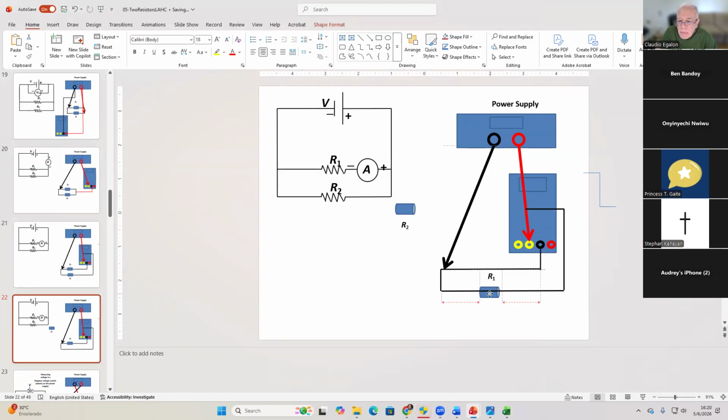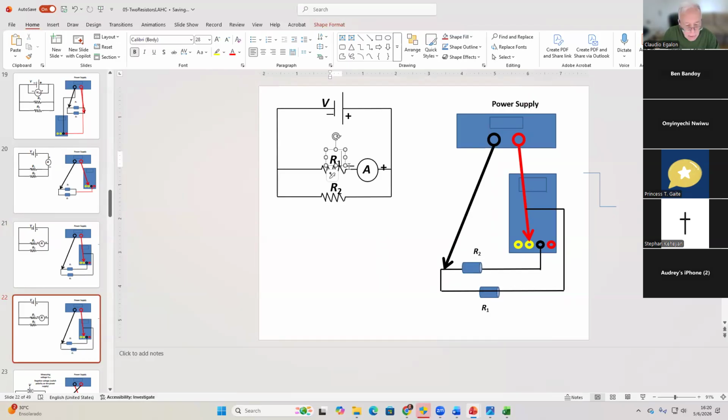That's all. It's the simplest way of measuring current 2. And it's possible to do that in real life. Now I'm just swapping R1 with R2 in my circuit.